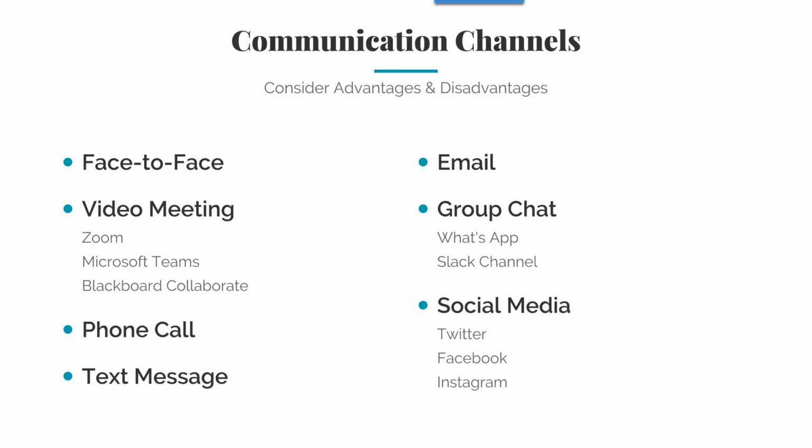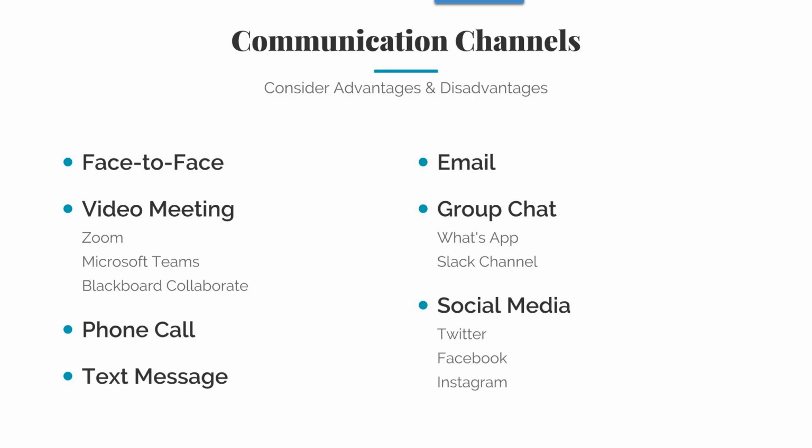Social media, like Twitter, Facebook, and Instagram, those are public communication, right? And I would hate to work at Facebook where they actually do all of their work via Facebook. So they don't have email, they just have Facebook. It sounds challenging to me and difficult and not exactly set up for what we're trying to do.